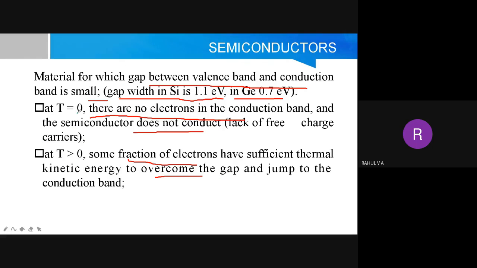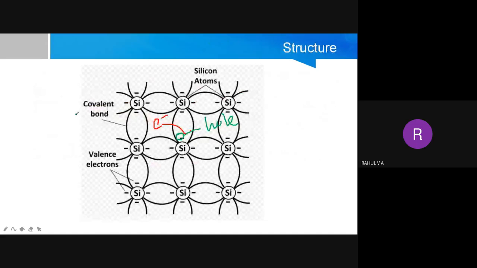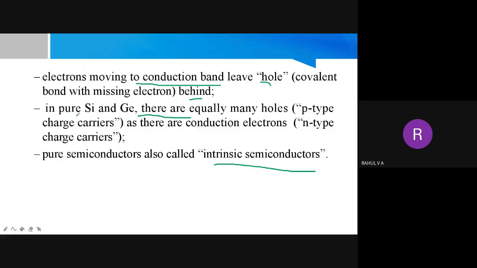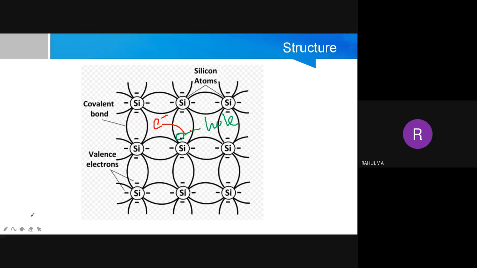And then we have seen what a semiconductor is, and I was explaining the purest form of semiconductor, that is intrinsic semiconductor. In the purest form, if you take silicon, we will have silicon atoms with 4 electrons.